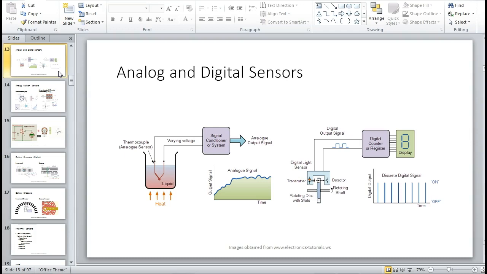So what's the difference between analog and digital? Presence? Presence sensors are usually digital sensors, but that's not what the difference between analog and digital is.